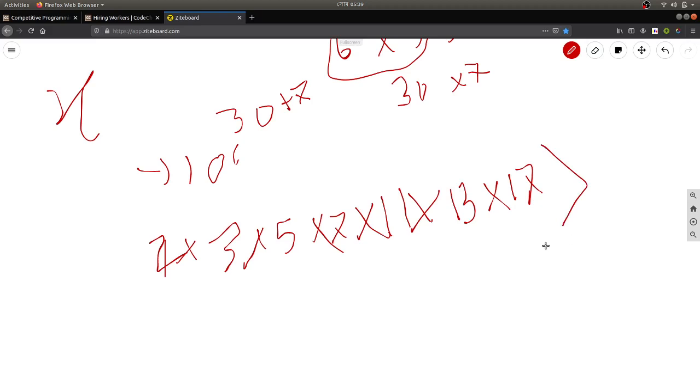Okay, so the unique prime numbers in this x will be up to 7.